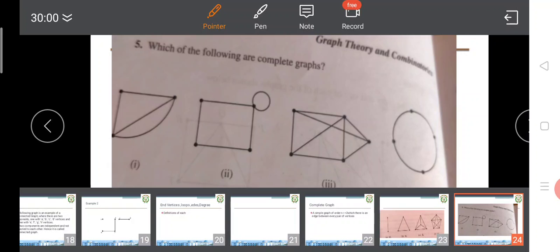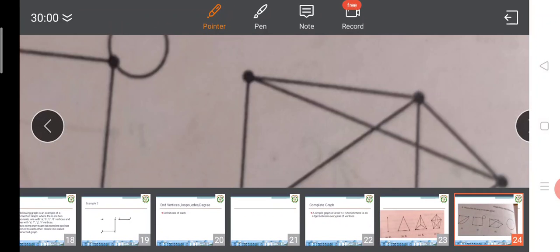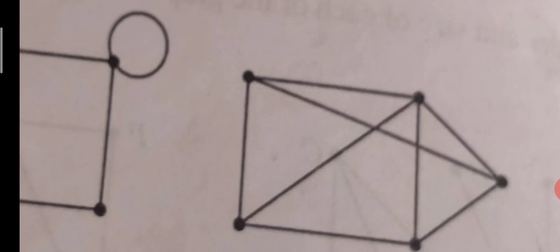Next one. Is it a complete graph? Check it. This is also not a complete graph, because a complete graph says there should be an edge from one vertex to every other vertex, a direct connection.